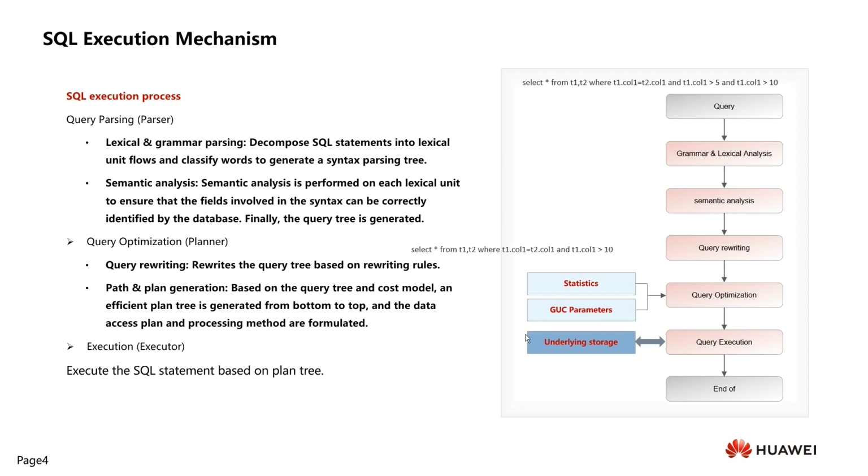By lowest cost, I mean the plan with the smallest execution time that the optimizer can think of. Once we have the plan, the execution engine, or the executor, will execute the SQL statement based on the plan tree, interact with the underlying storage engine to get the data it requires, process the data, and return it back to the user.